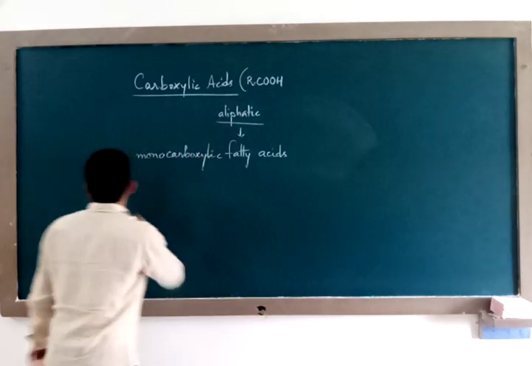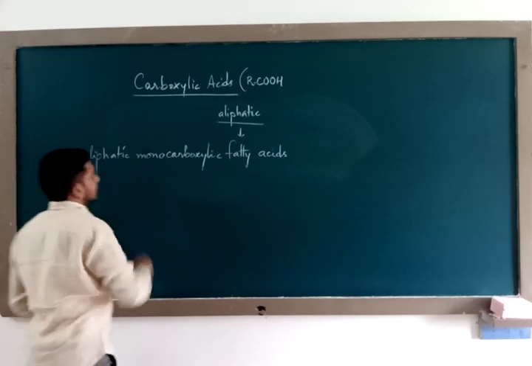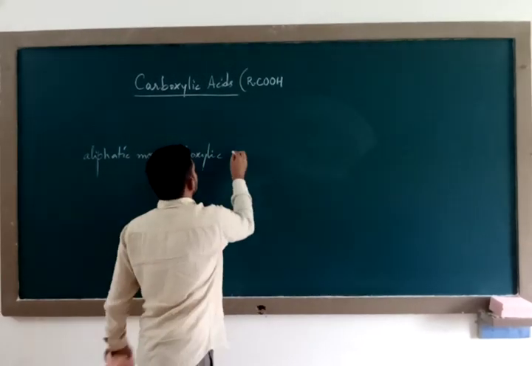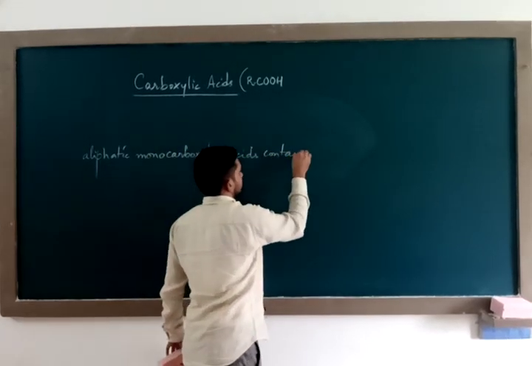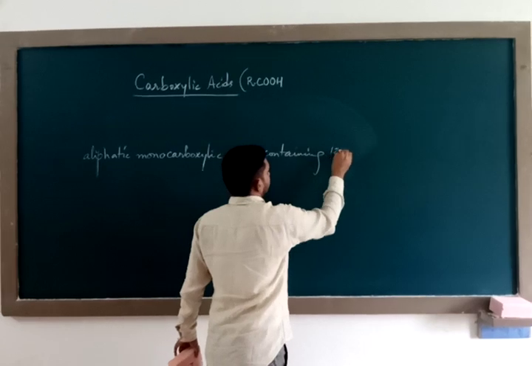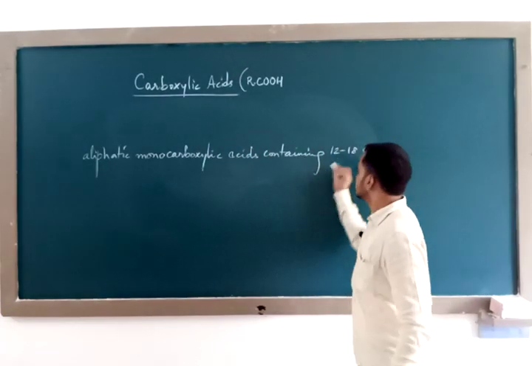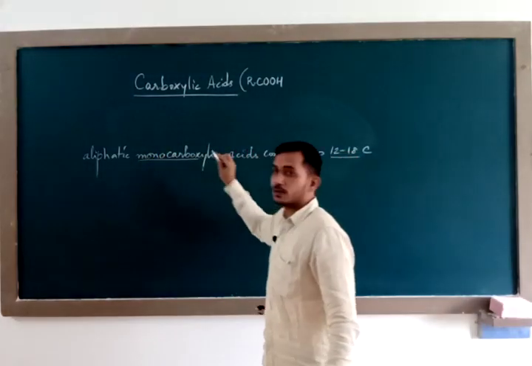Also, they should be aliphatic monocarboxylic acids containing 12 to 18 carbon atoms. This is the main condition. It should contain 12 to 18 carbon atoms and it should contain only one carboxyl group.